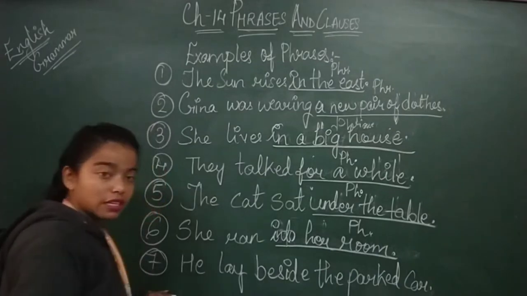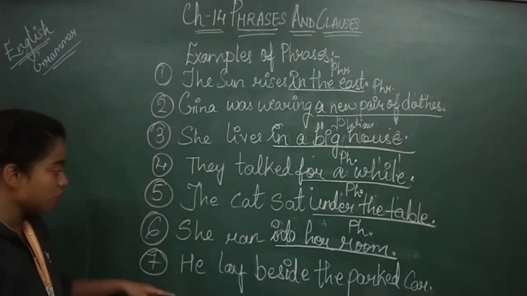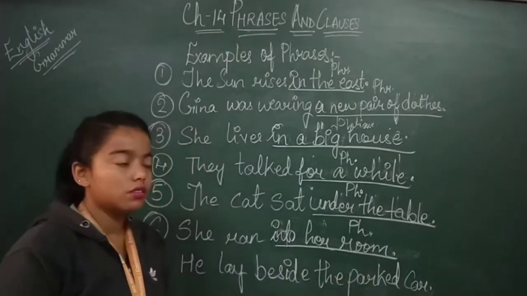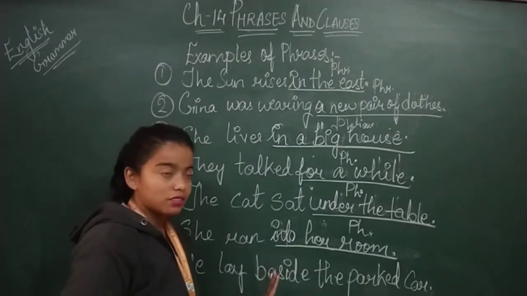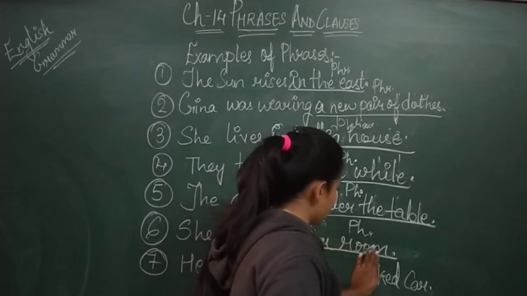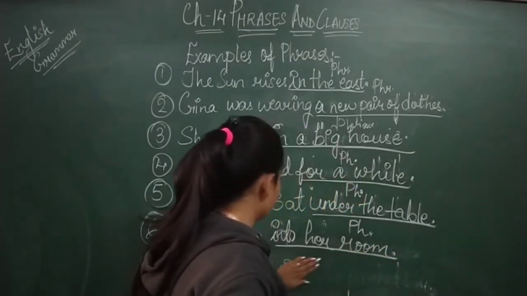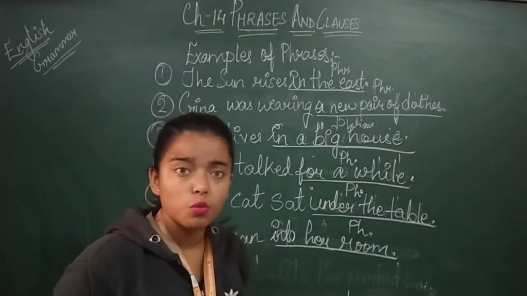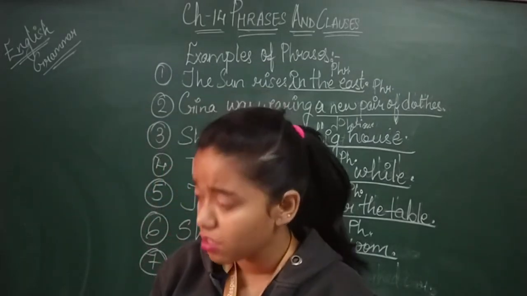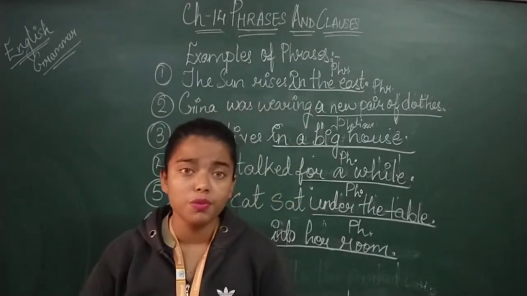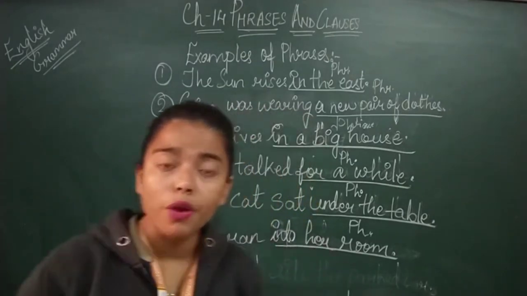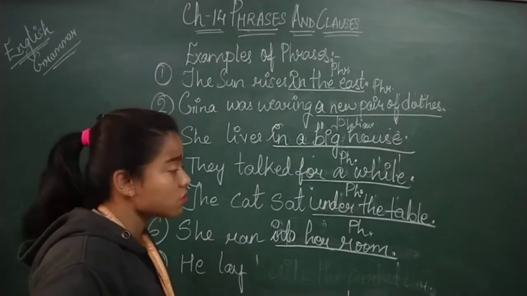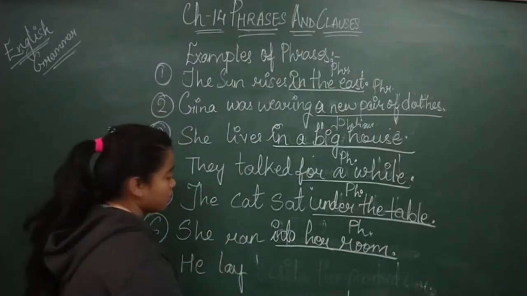Now the seventh example. He lay beside the parked car. If I say "he lay," where did he lay? Lay means to lie down. But where? Do we know this? No. Is it making a complete sense? No. So we will complete this sentence.